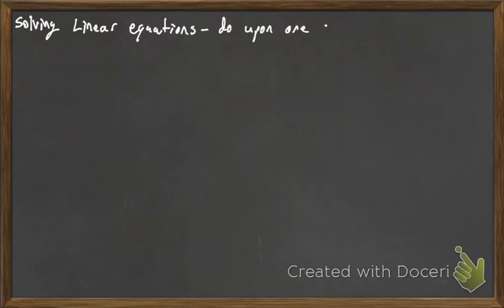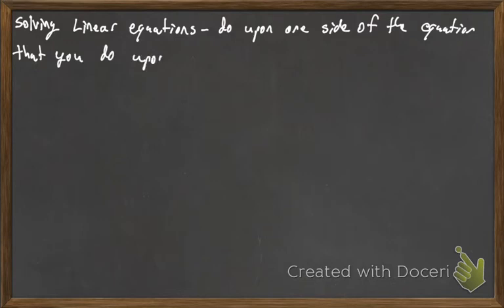Okay. So for solving linear equations, the goal is to isolate the variable. If we're doing quadratics or other types of equations, we'll have a different strategy. So I sum it up with: do upon one side of the equation what you do upon the other side of the equation, and the goal is to isolate the variable.